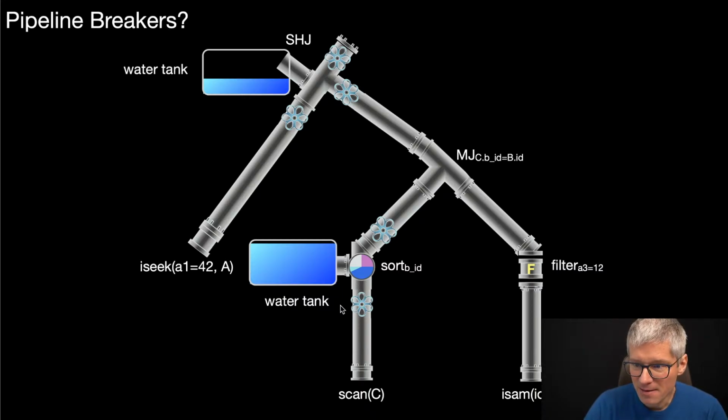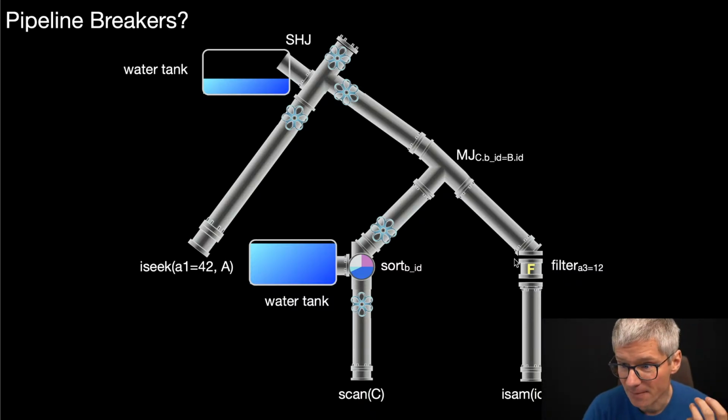And this blocking behavior is available for some operations, but not for all. For instance, if you look at a filter operation, like a selection in relational algebra, the filter operation is decided on a tuple per tuple basis. Once you see a tuple, you can decide immediately, given a selection predicate, whether it qualifies or not. So once you find a tuple that qualifies, you can immediately pass it on.